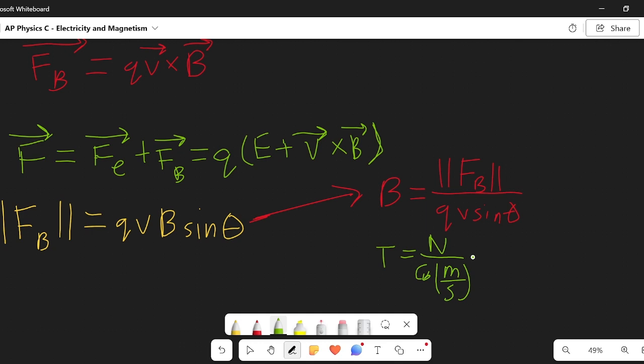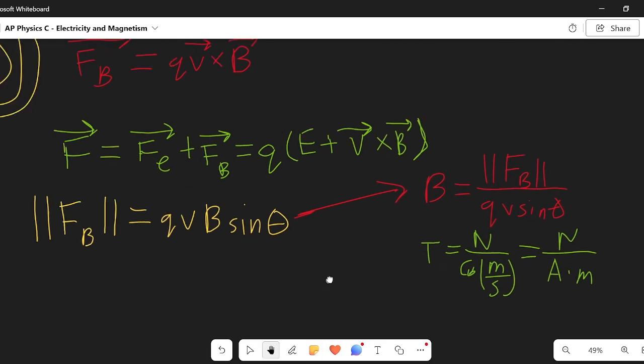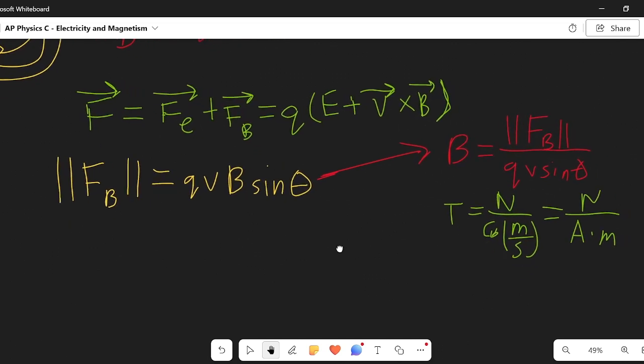So now if we simplify this, remember, we have coulombs divided by seconds in the bottom, so it is equal to newtons divided by amps divided by meters. Something like so, right? So yeah, Teslas are equal to newtons divided by amp meters. So that is our unit for Teslas, right?